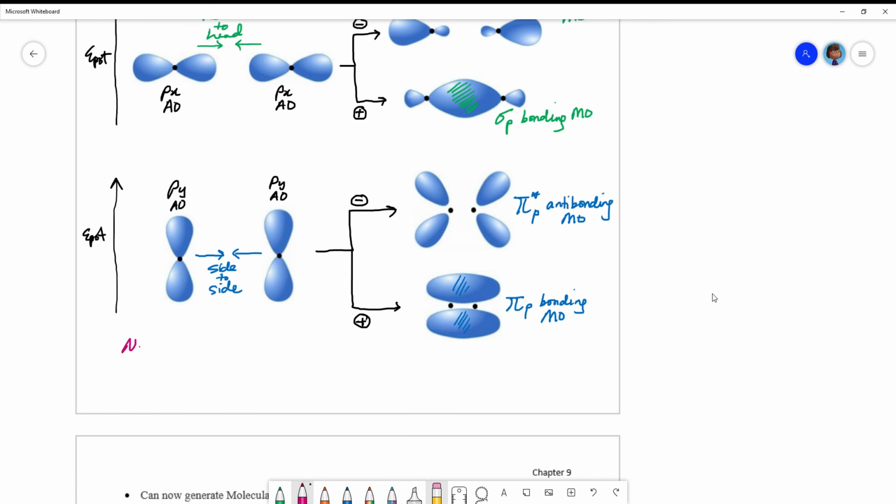So I'm going to say note: pz and pz orbitals combine side to side, also producing pi p bonding and pi star p antibonding molecular orbitals.